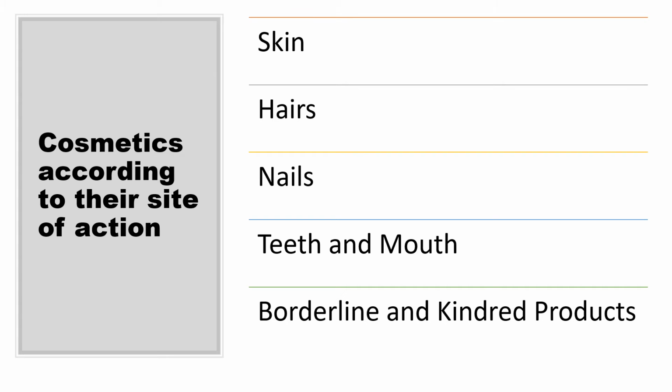For the teeth and mouth, dentifrices, toothpaste, gels, tooth powders, and mouthwash preparations. Apart from that, borderline and kindred products like eye products, foot powders and applicators, and insect repellents come into this category.